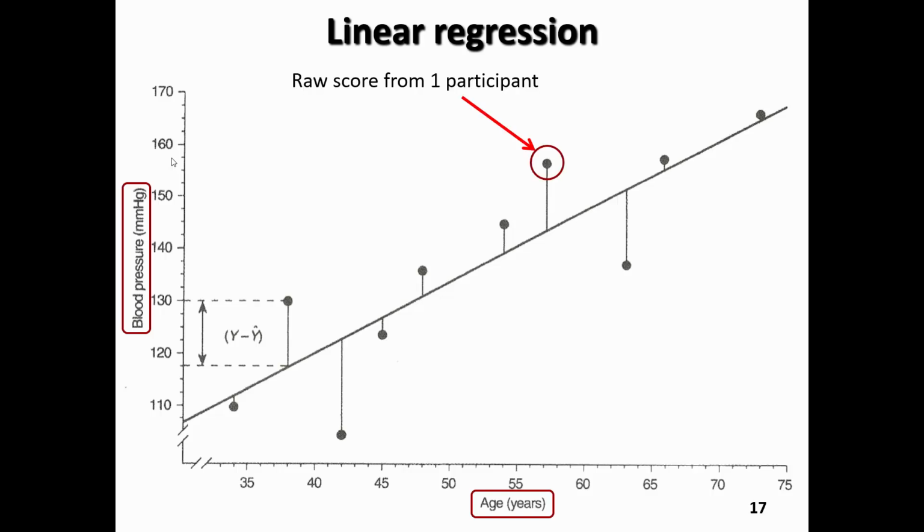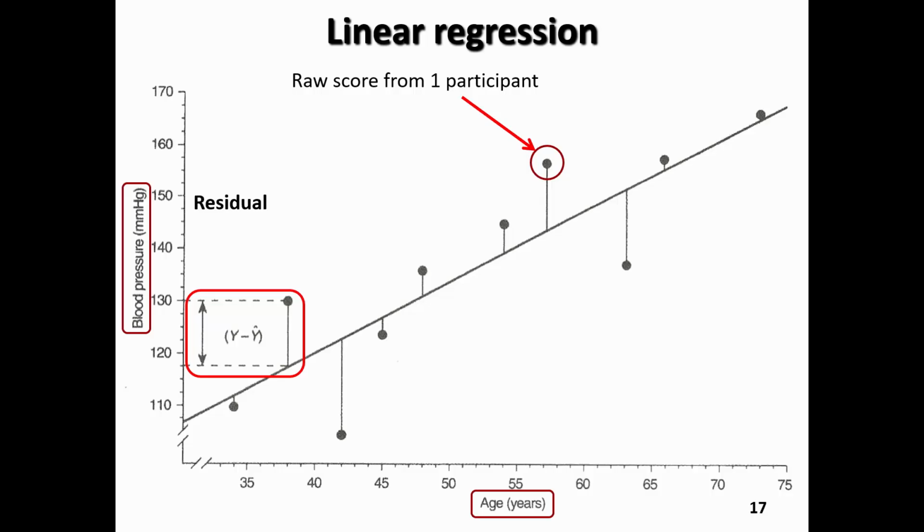What we have illustrated in this circle here is the raw score from one participant, the actual observed data, whereas the line is the best fit line, the one that minimizes the sum of squares, hence the term least squares.